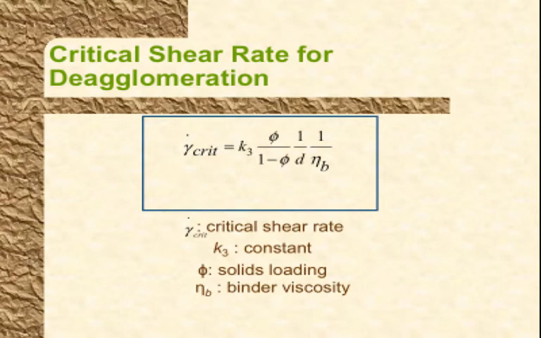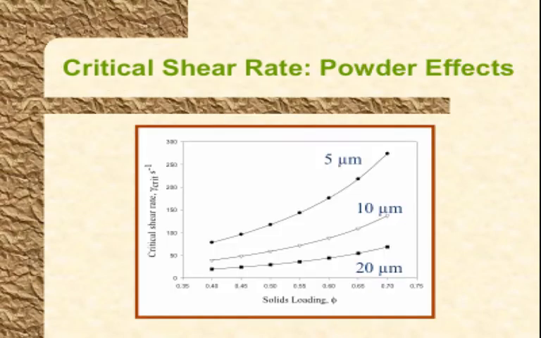And I've changed 65 volume percent of stainless steel to 53% of zirconia. How do I change my machine settings? This is one way to be able to do that. And so in practice, what is the meaning of that equation? This is how shear rate changes as a function of phi for different particle sizes.